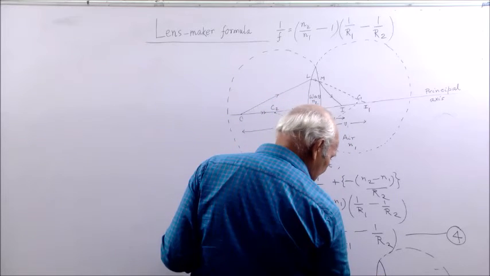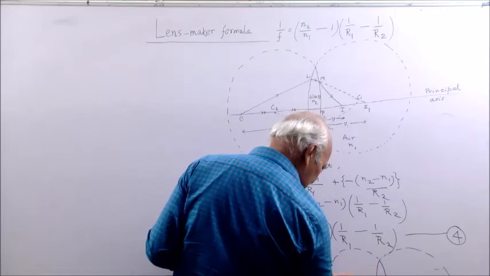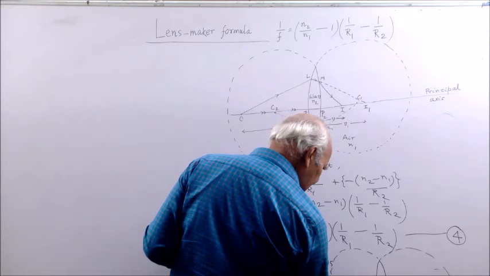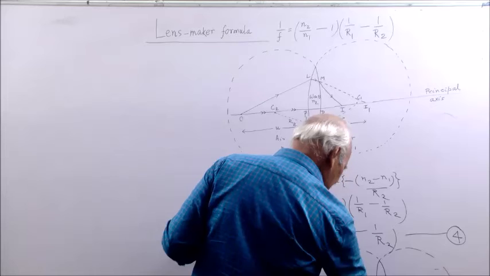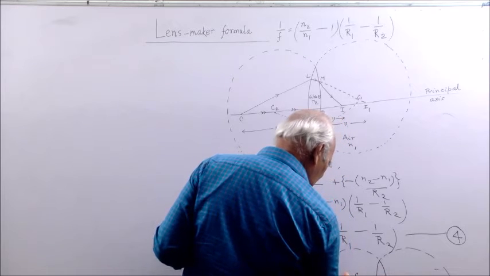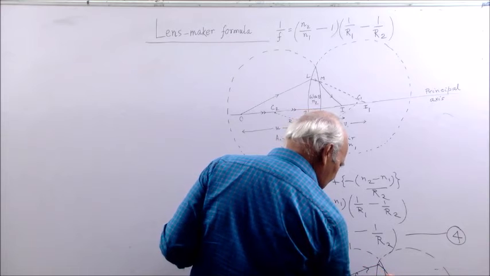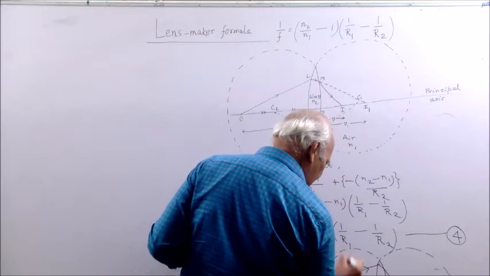Then your ray direction is, so the ray is moving like this. This is the object.